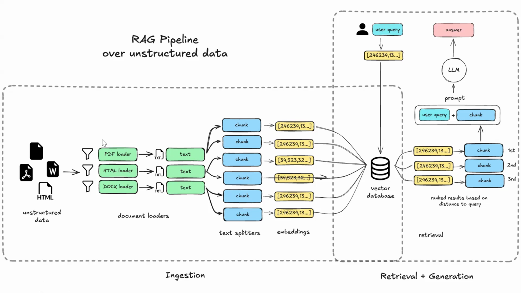To do that, we will take help of document loaders. Since we are using the LangChain framework, there are a lot of document loaders provided by LangChain, for example PDF loaders, HTML loaders, docx loaders. For different types of input documents, we have different loaders defined in LangChain, so we can use them to import these documents and extract the text.